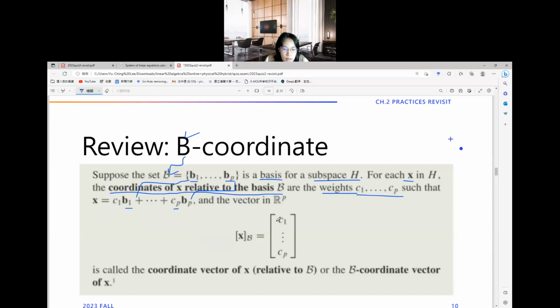We collect these p scalars together, and this vector is called the coordinate vector of x relative to B, or for short, the B coordinate vector of x.